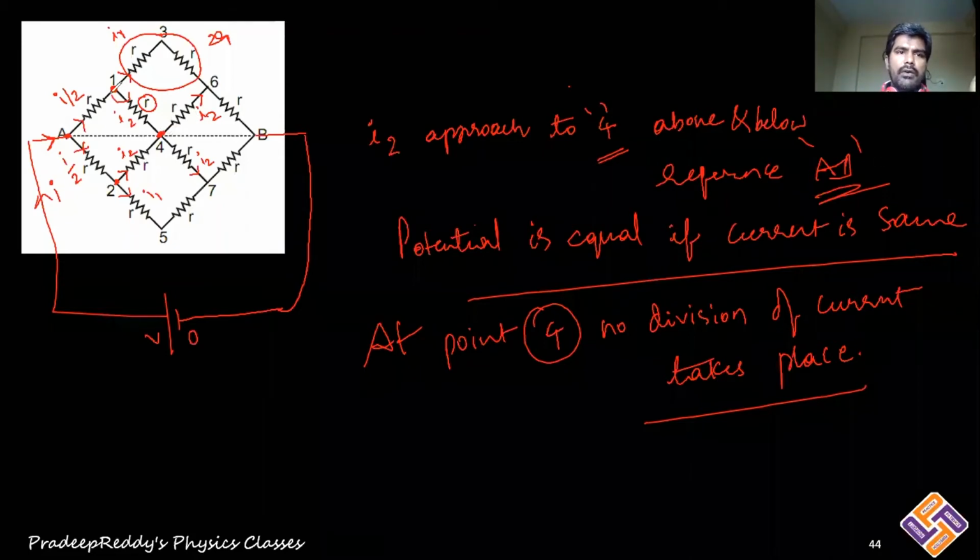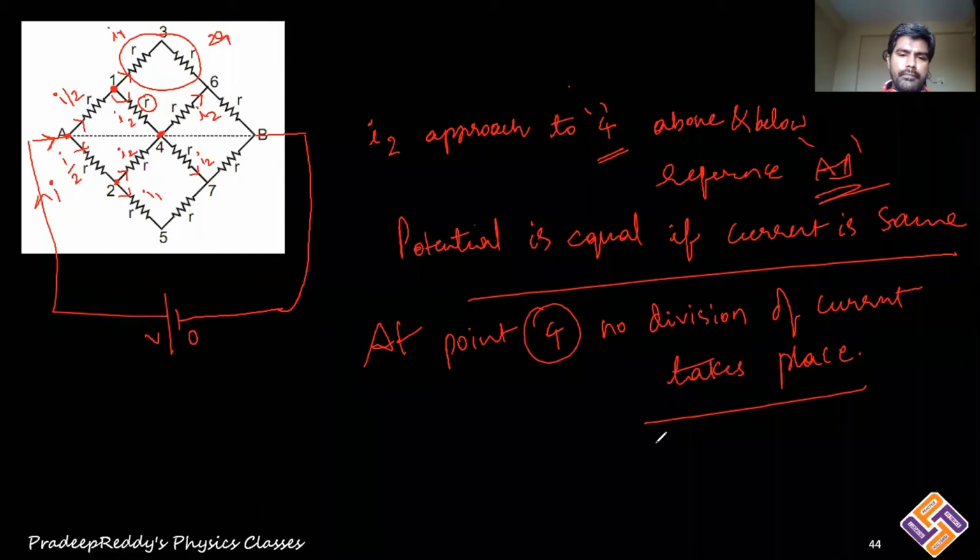You are connecting 1 and 6 and 2 and 7 with this point 4. So even though you have a node over there, at that node there is no current division. If there is no current division, then why is that joint taken there? It is useless. Therefore, I will simply remove this joint in the circuit and redraw the circuit.